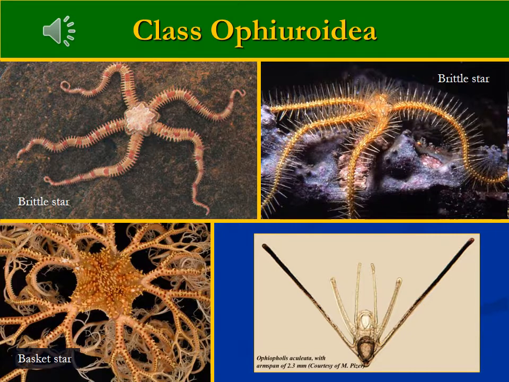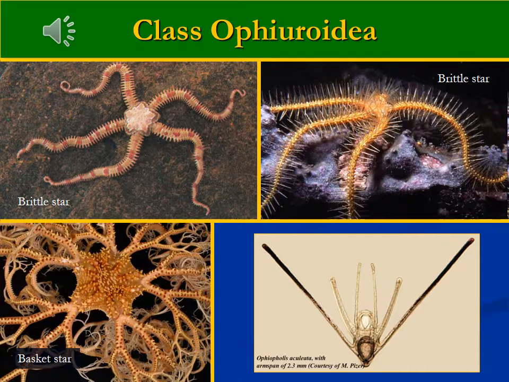Maybe interlocking is not exactly the right term, but you get what I'm saying. These ossicles articulate with one another, and they almost articulate, at least very superficially, like vertebrae do, and they give the arms a very snake-like appearance when they're moving through the substrate.